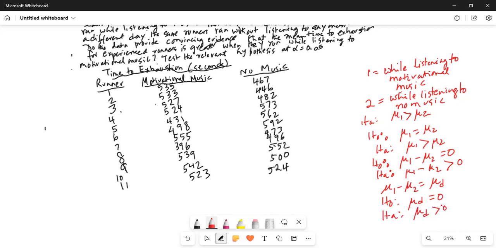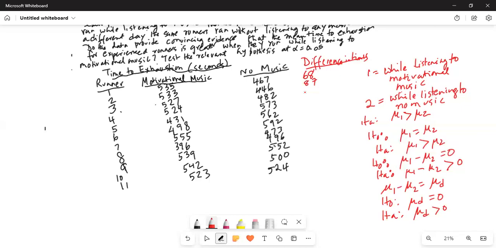Now, the first thing I have to do is take the difference in the two times to exhaustion. That is, I will subtract motivational music minus no music. The first difference is 535 minus 467 is 68. Next one is 533 minus 446 is 87.